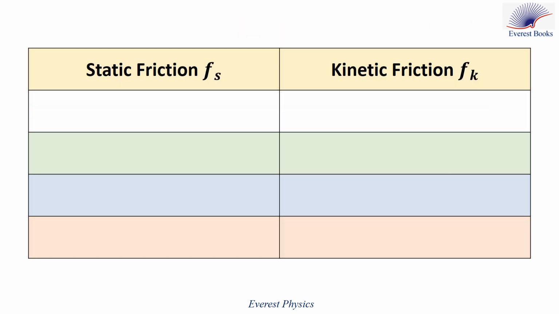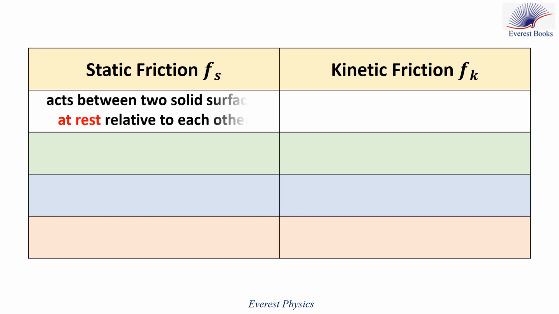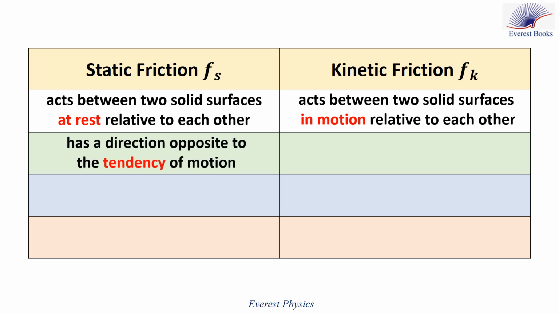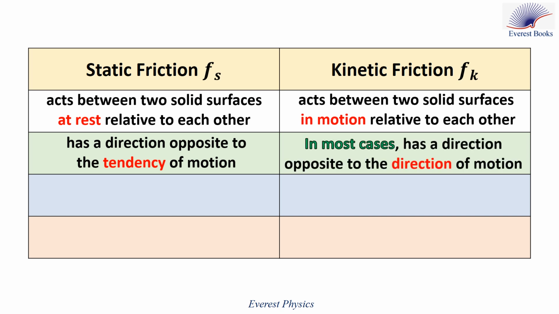Now, let's sum up the differences between static and dynamic friction. Static friction acts between two solid surfaces at rest relative to each other, while kinetic friction acts between two solid surfaces in motion relative to each other. Static friction has a direction opposite to the tendency of motion, while in most cases, kinetic friction has a direction opposite to the direction of motion.